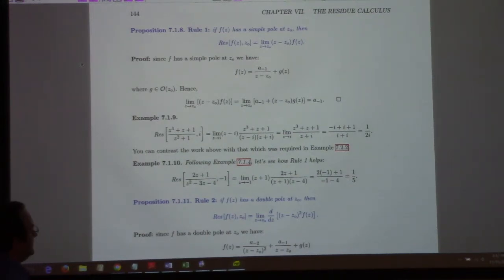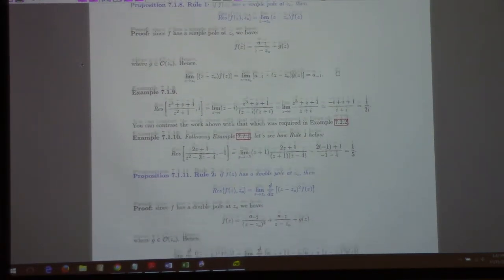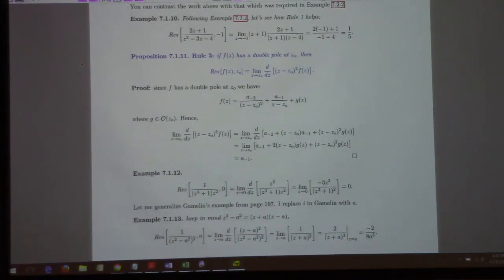It's pretty simple, really. This is the next. If you had a double pole, then you multiply by z minus z naught squared. Then you differentiate it and take the limit. All right. So the proof is, again, just a straight calculation with the Laurent decomposition.